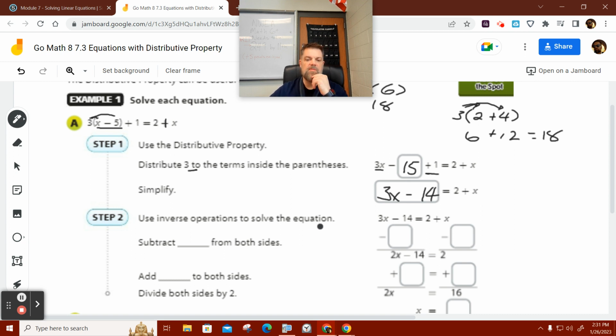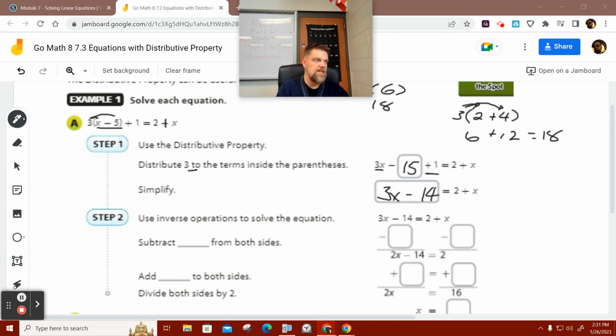What do you think we end up doing? I have to subtract something from both sides. Kind of. The problem is that I have a minus 14.